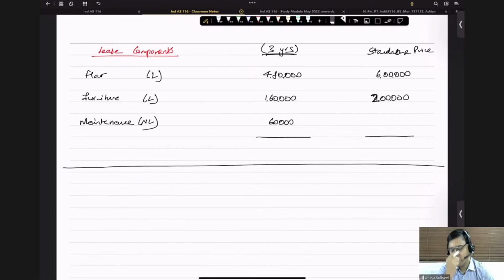You remember we used to do this allocation in another standard? आपको याद है? Allocation based on standalone prices. We used to do it in one more standard. कौन सा standard? Can you please help me to remember?